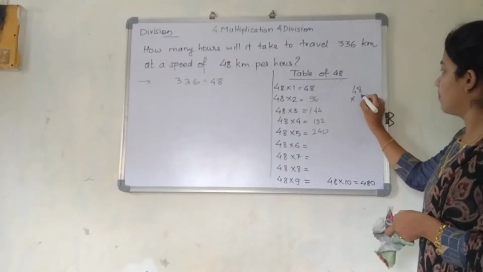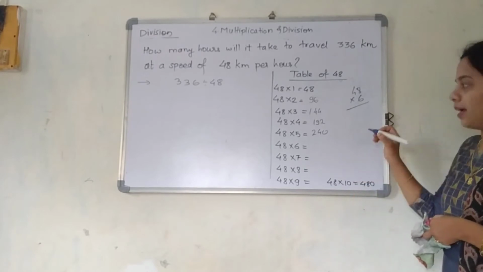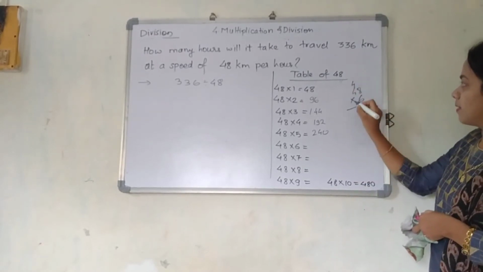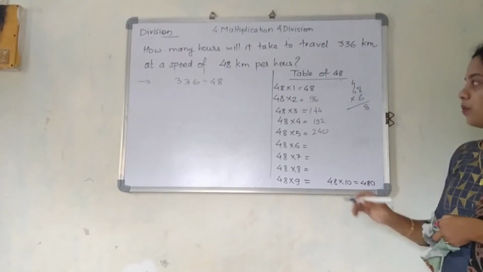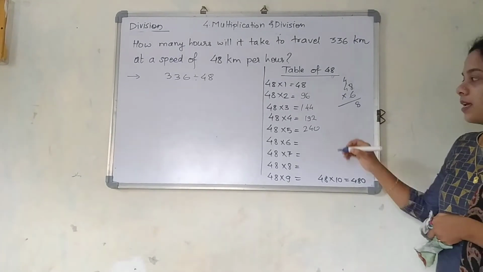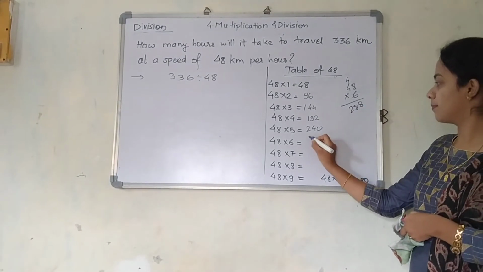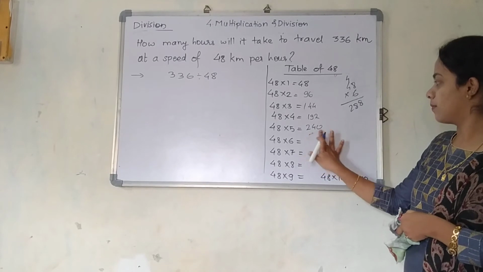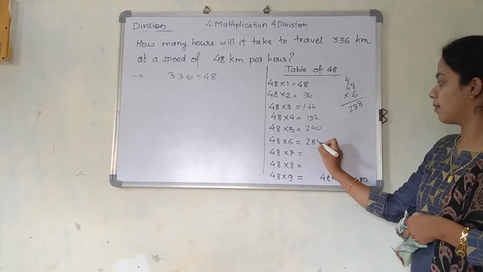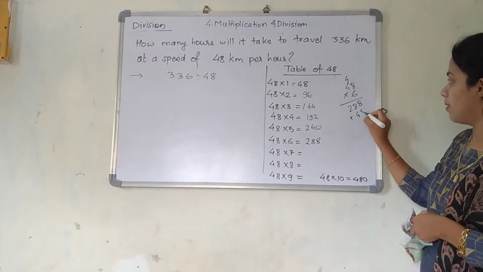48 sixes: 6 eights are 48, 6 fours are 24, 24 plus 4, yes, it is 28, it's 288. Again add 48 to it.